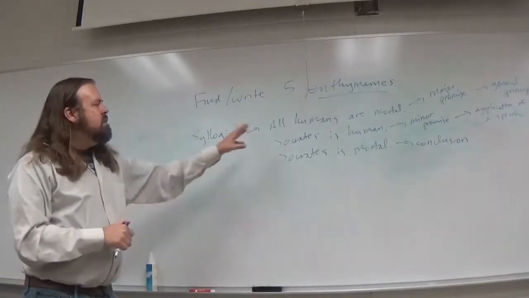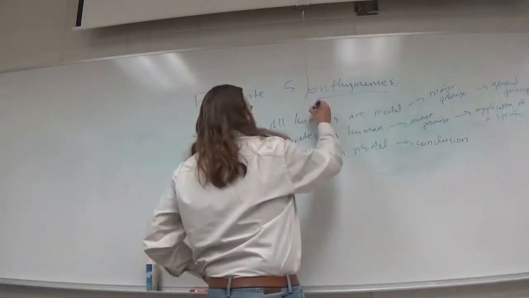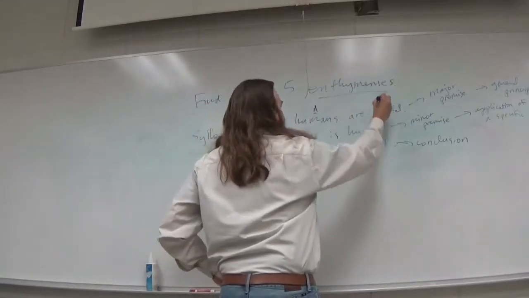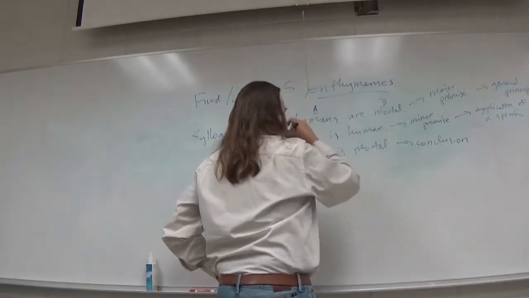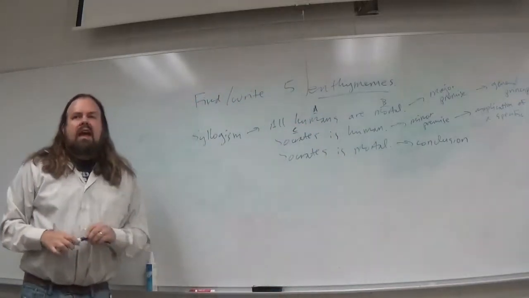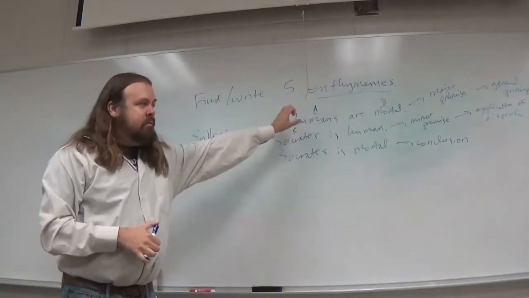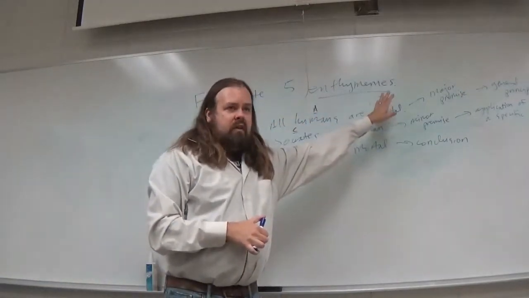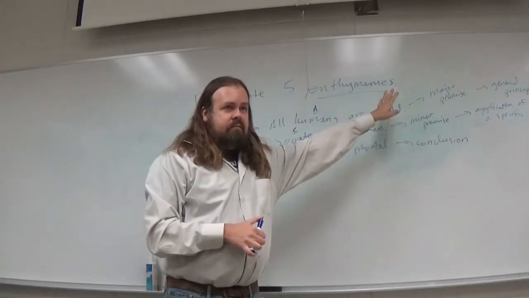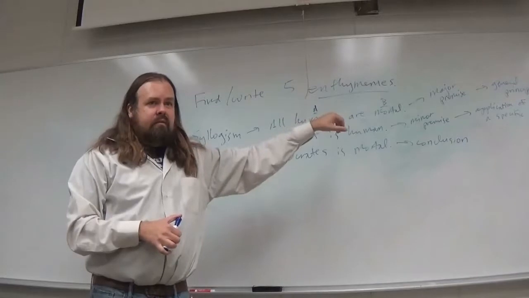So we can divide the terms in this up into an A term, a B term, and a C term, right? Where A is the smaller category in the major premise. B is the bigger category that you're comparing it to, right? And C is the specific case that you're trying to apply.